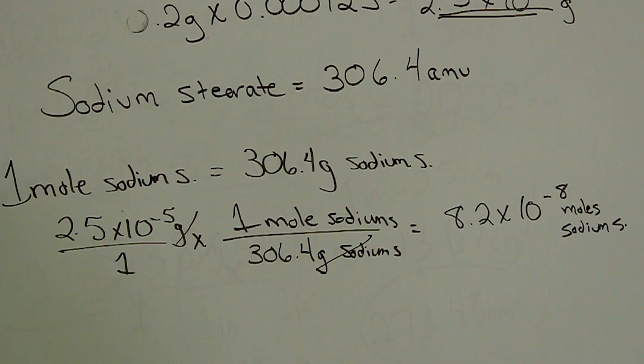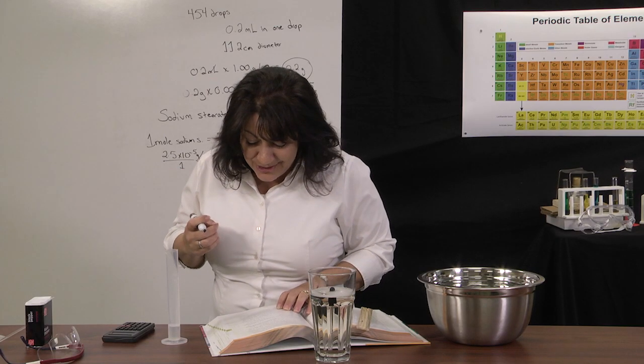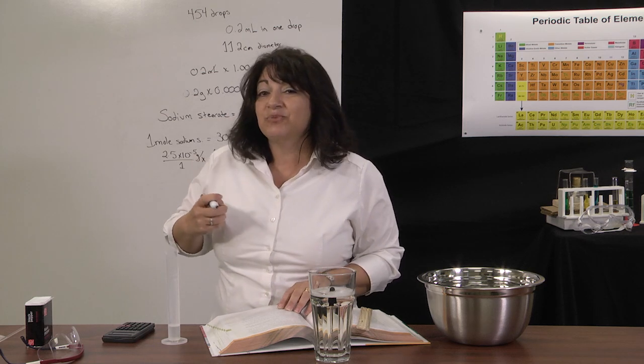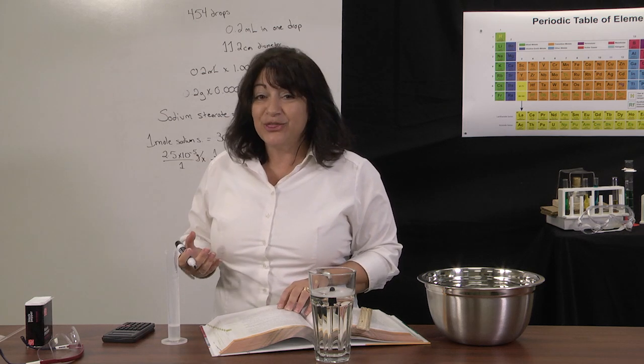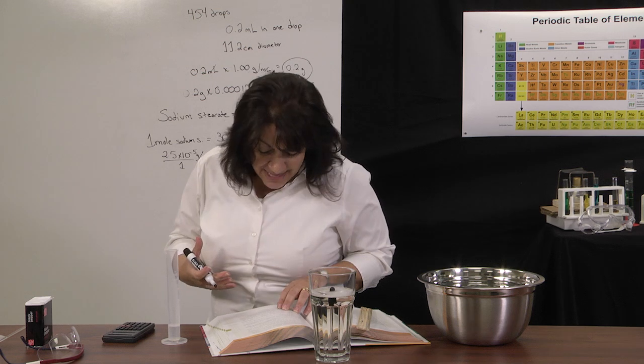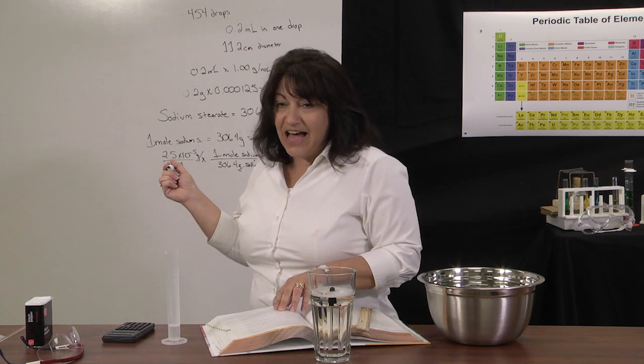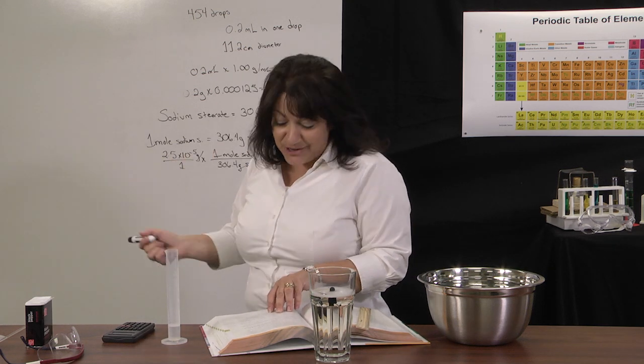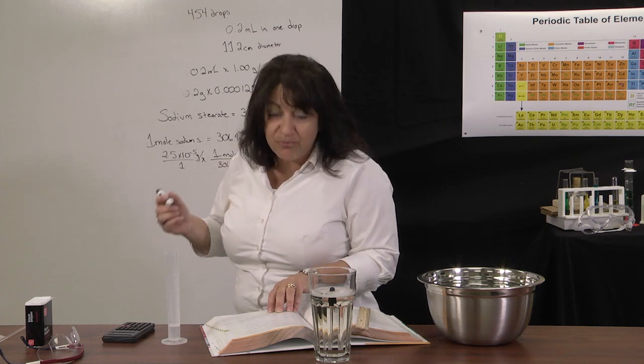All right, now that we have that, we need to know how many molecules are in that circle. And so we know that each mole has 6.02 times 10 to the 23rd molecules in it. So if we take the number of moles that we have and multiply it by that number, Avogadro's number, then we're going to get the number of molecules in the sample.